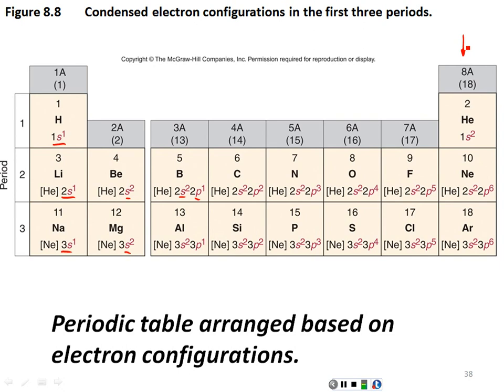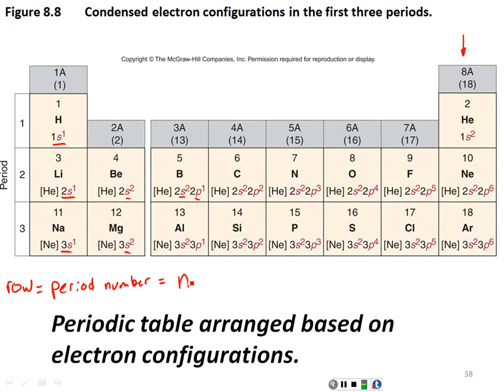And another trick while looking at the periodic table, the row number. So the row is also called the period, and that number is equal to n, the principal quantum number.